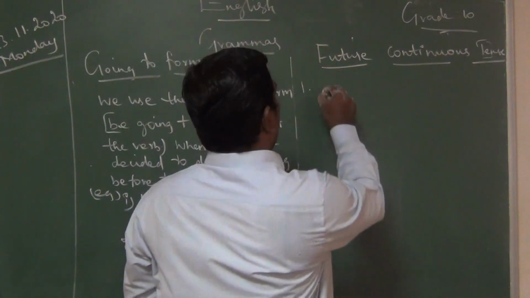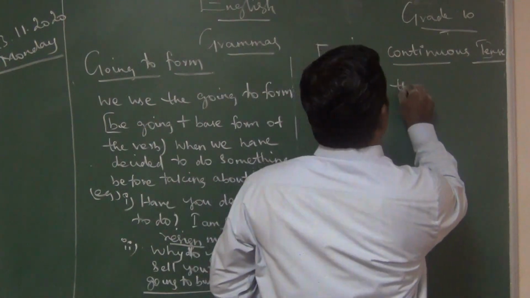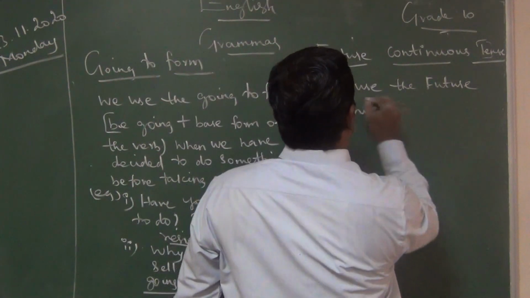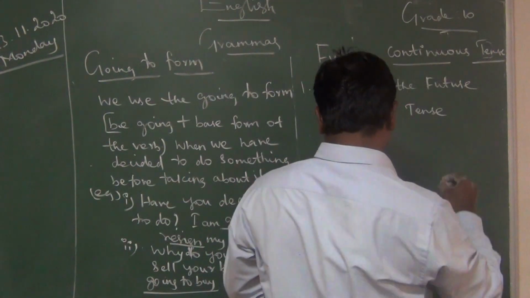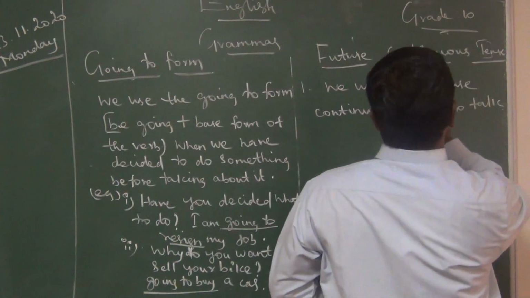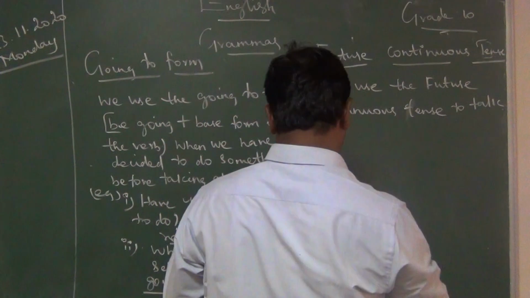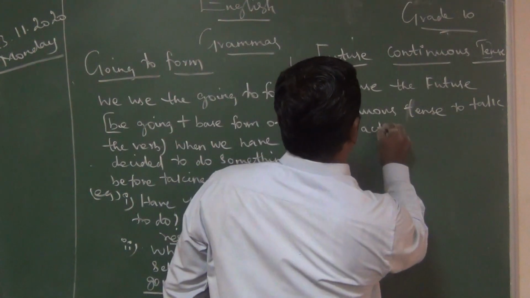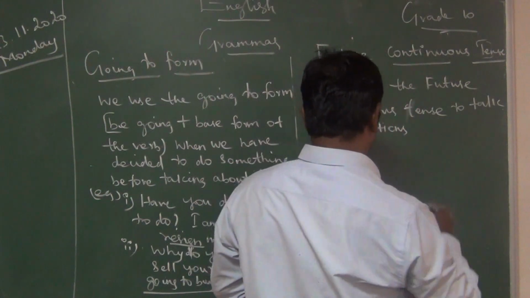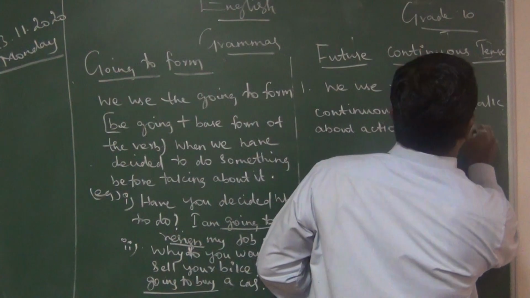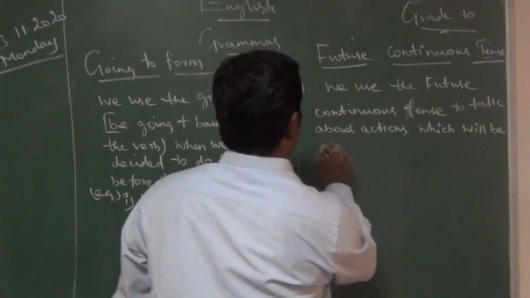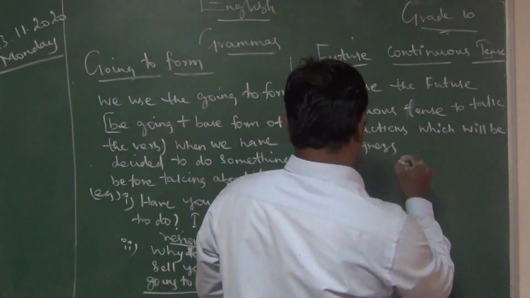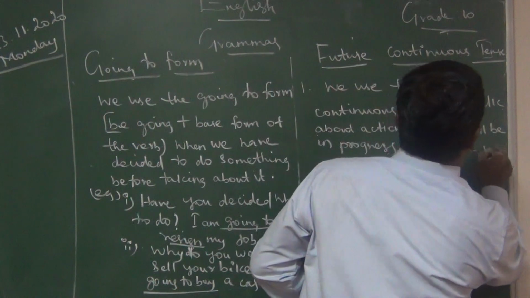The first one is we use the future continuous tense to talk about actions which will be in progress at a time in future.